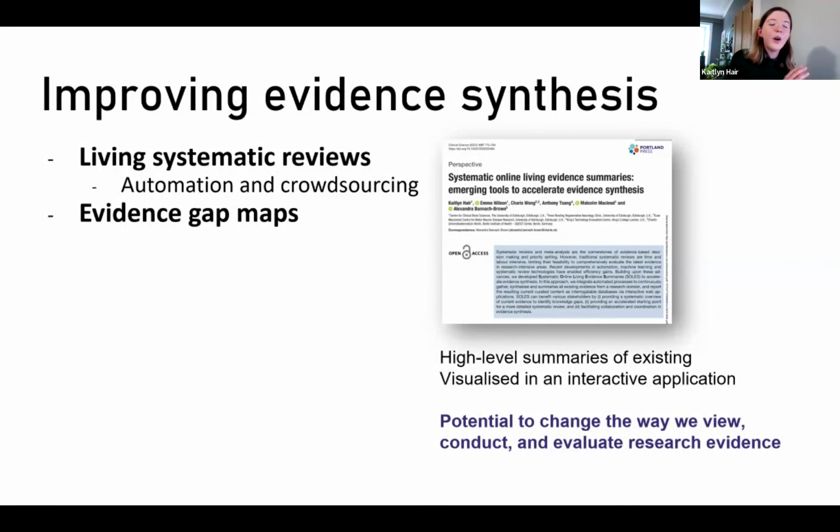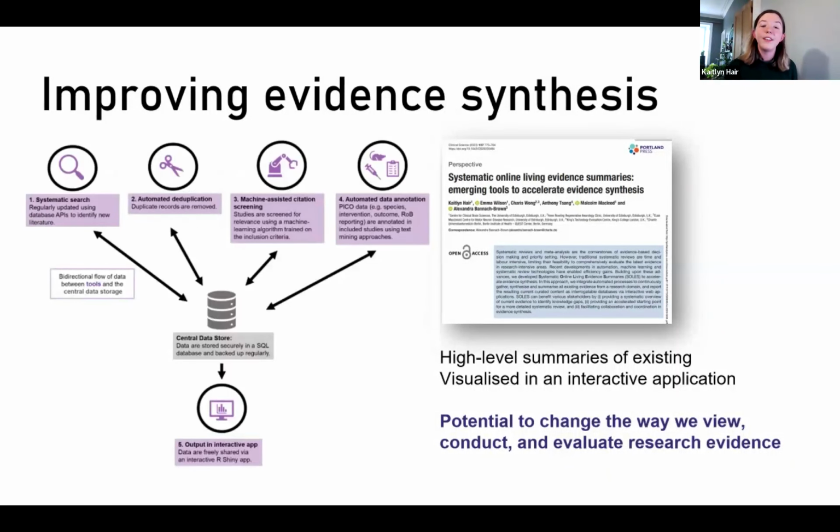So we took a combination of these approaches and developed systematic online living evidence summaries, or SOLES projects. And these are really high-level summaries of an existing research domain, visualized in an interactive web application. So the idea is that all of the evidence in a given space, for example, all of the research in animal models of Alzheimer's disease, we pull together, and we do this in an automated way using application programming interfaces to pull in new research as it emerges.